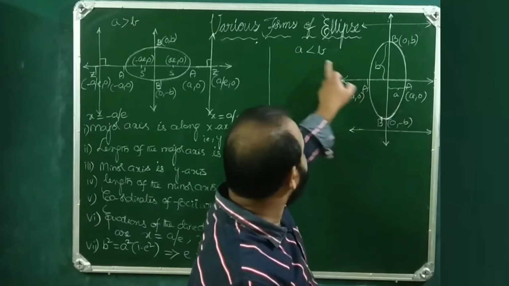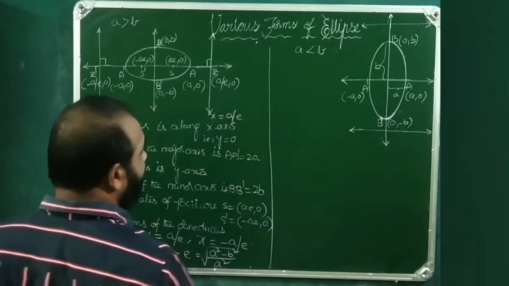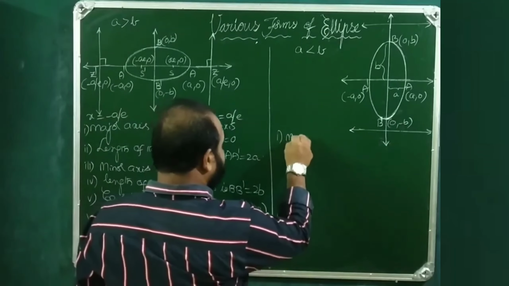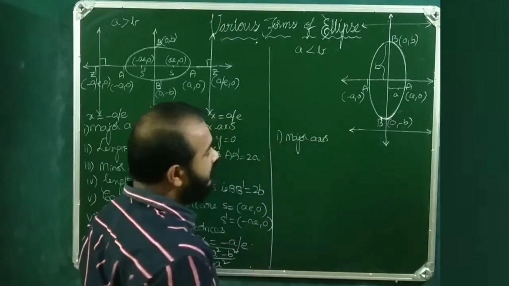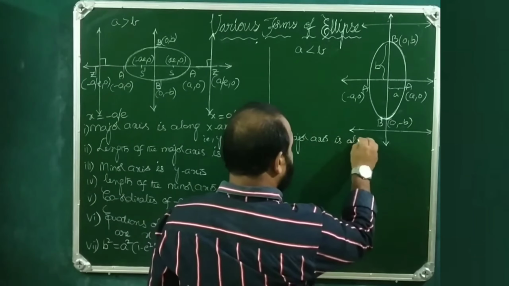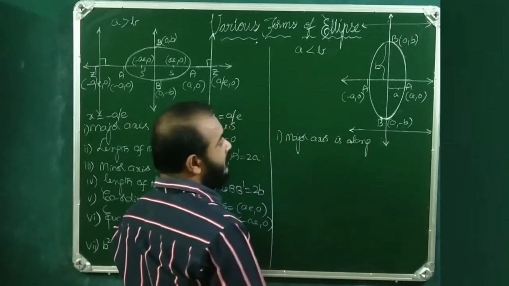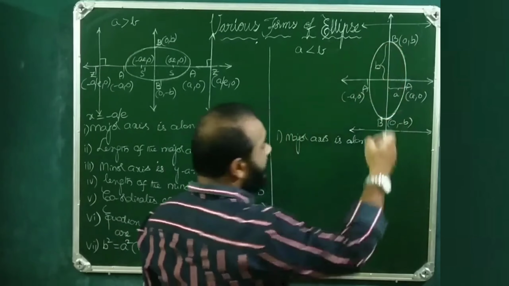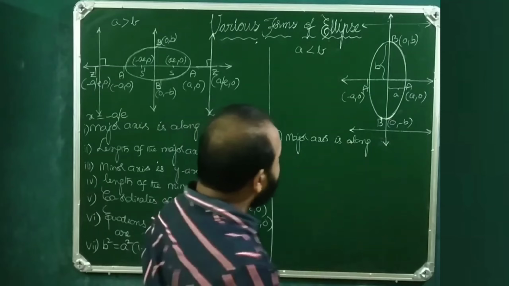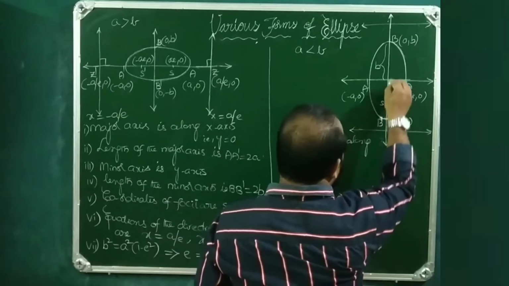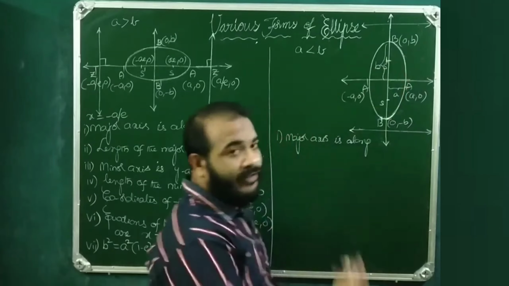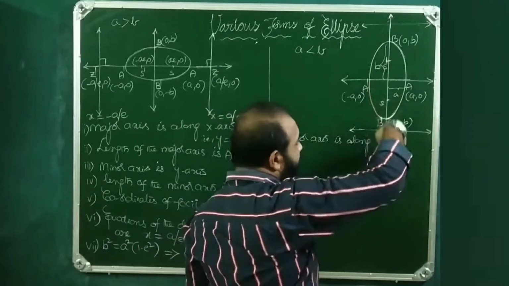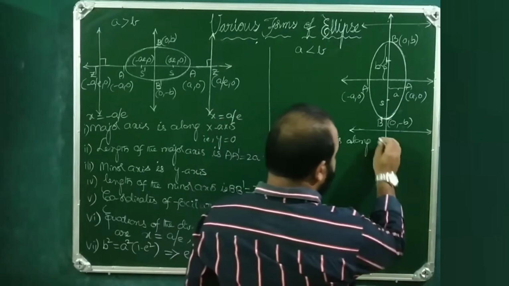Otherwise a is less than b. So what is the major axis now? The major axis is the y-axis. Why? Because the foci, the fixed points, are lying on the y-axis. That's why the major axis is the y-axis now.